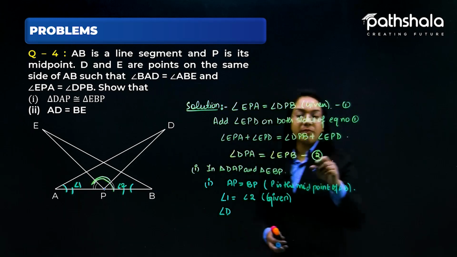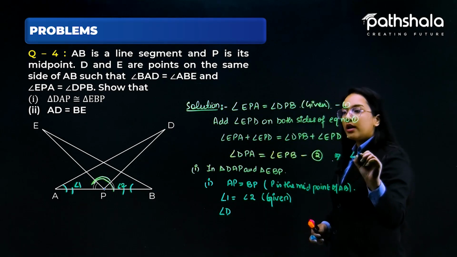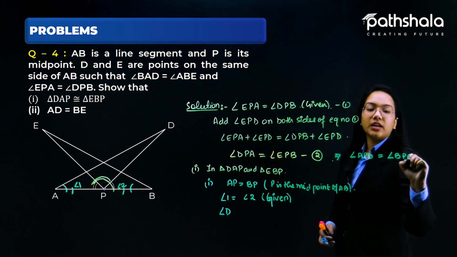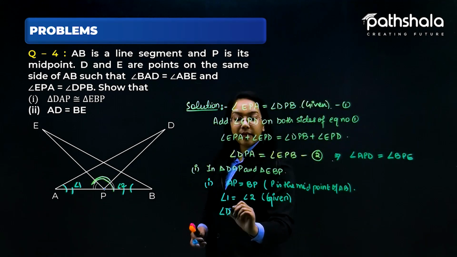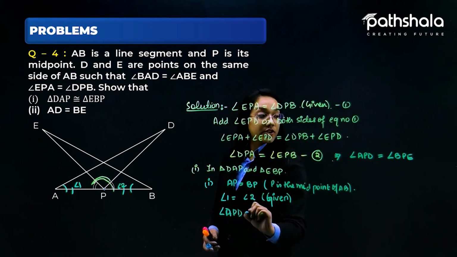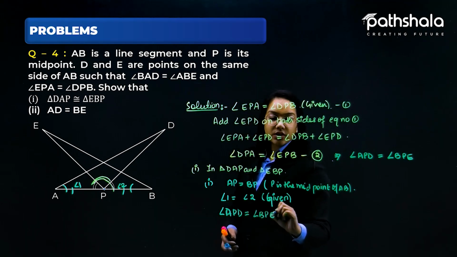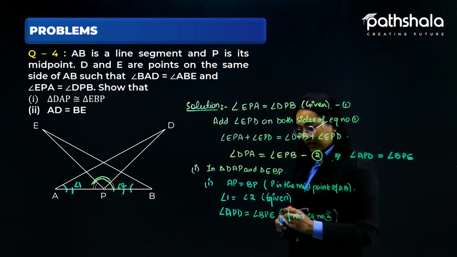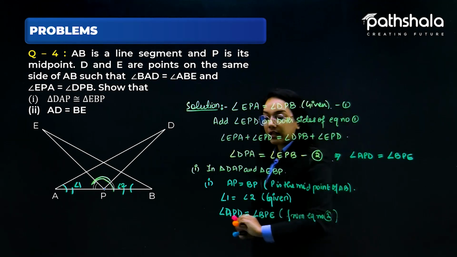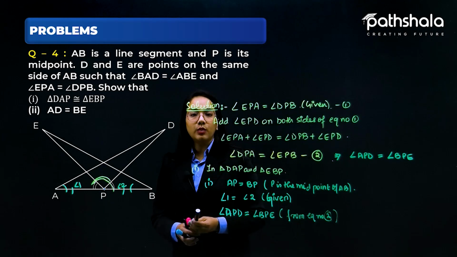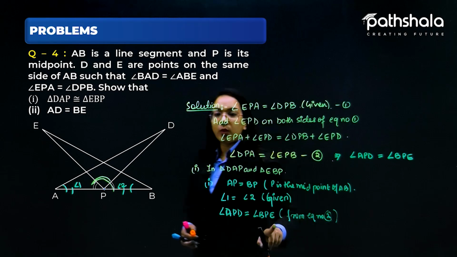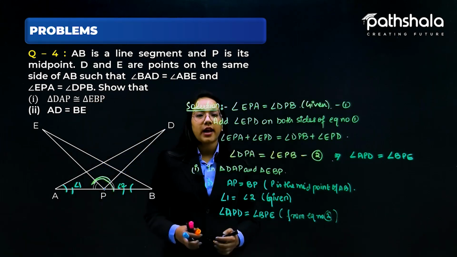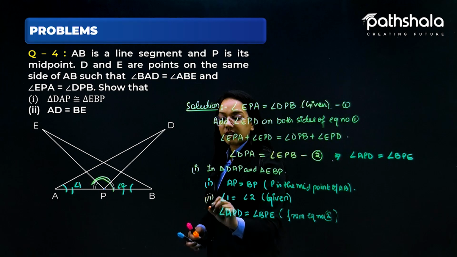So from equation number 2, we can write that angle APD is equal to angle BPE. We can also write equation number 2 as it is, but let us write it in this manner. So since APD is equal to BPE, we get that an angle, a side and an angle of the two triangles are equal to each other. This is the first, the second, the third thing.